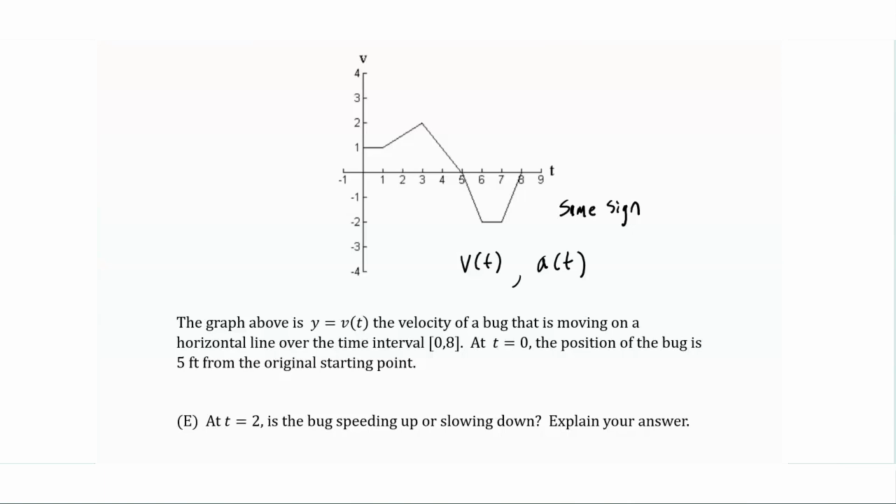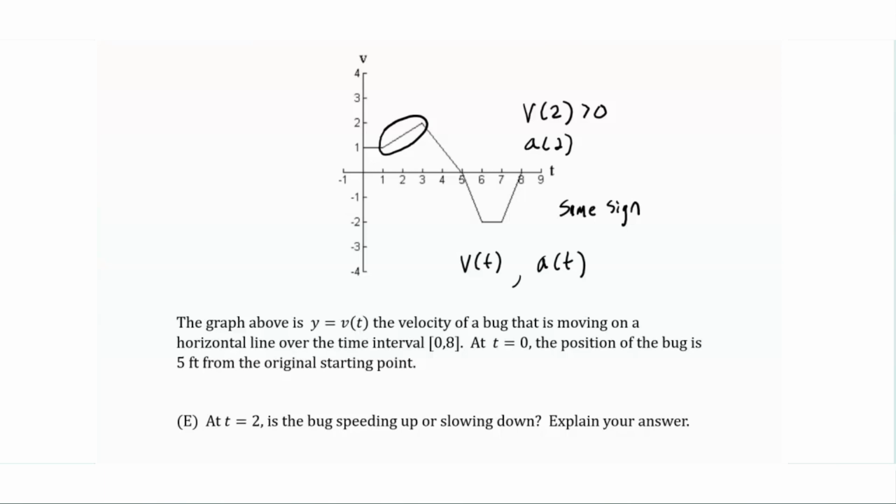So we want to look at v of 2. I can see that at v of 2 we are above the x-axis, so v of 2 is positive. Now let's look at the acceleration at 2. How can we determine the acceleration? We don't have a velocity function, but if we look at the graph, we can see that this part of the graph is linear at t equals 2.